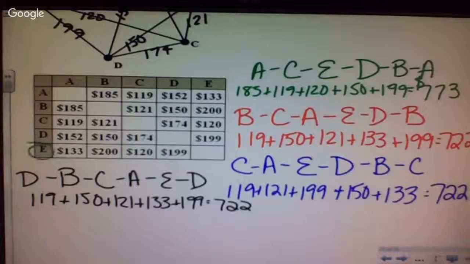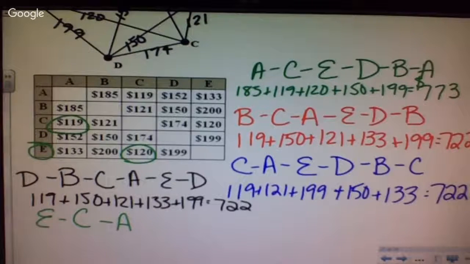Okay. All right, let's do our last one. E. E leads me to C. 120, so that's C. C leads me to A, so A goes to 119.